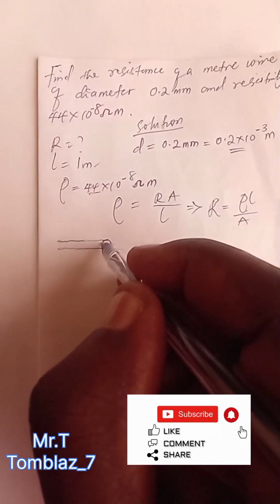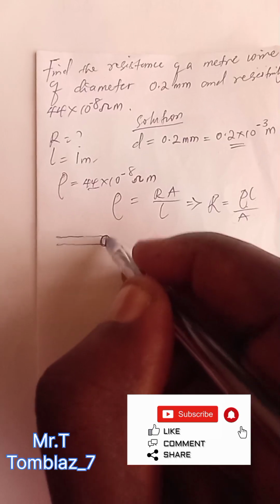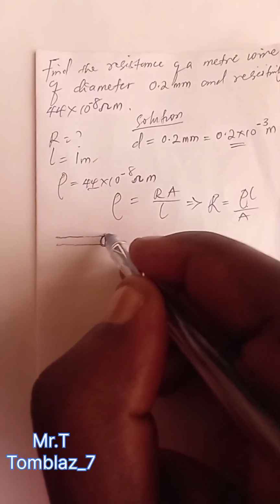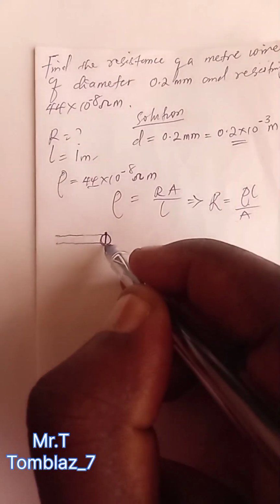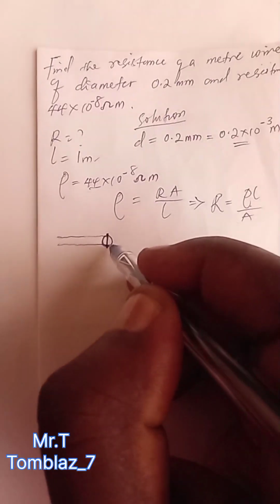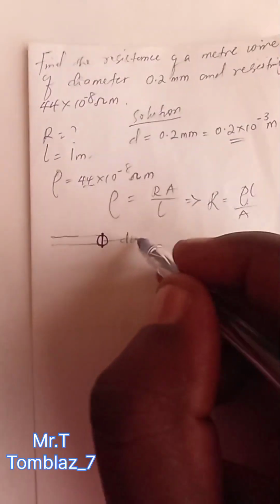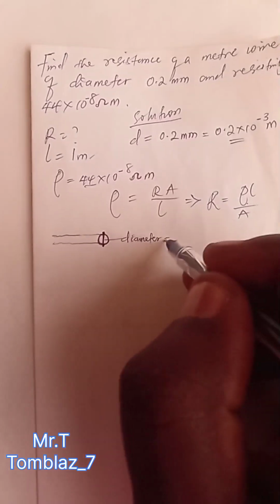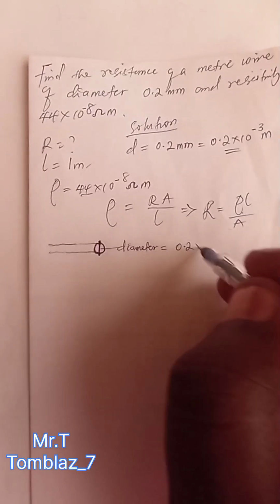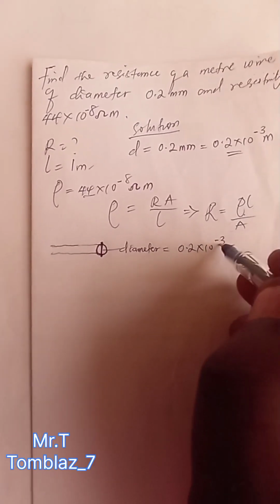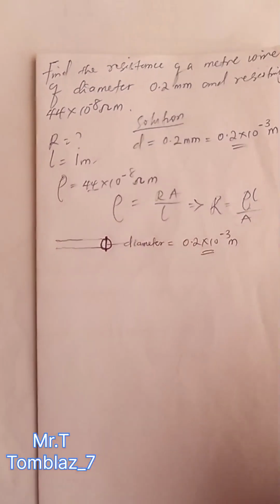It has a circular end. They say the diameter of this wire, that's from a point on the circumference to the other, passing through the center exactly, is 0.2 times 10 raised to minus 3 meters, right?